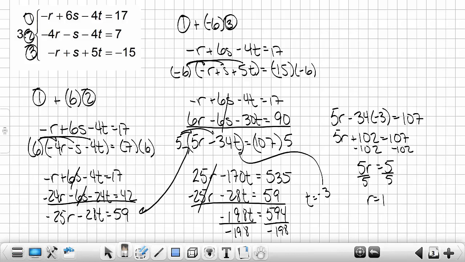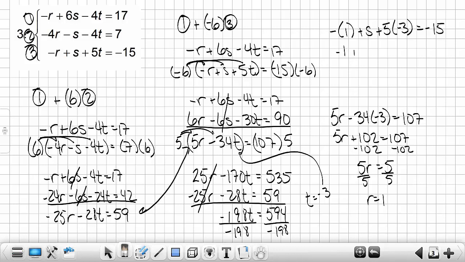Now that I know t is negative 3 and r is 1, I will substitute both of those back into equation 3. So if I plug it into equation 3, I get negative 1 plus s plus 5 times negative 3 equals negative 15.